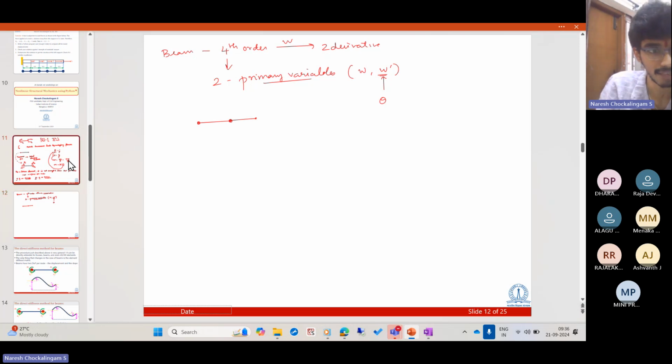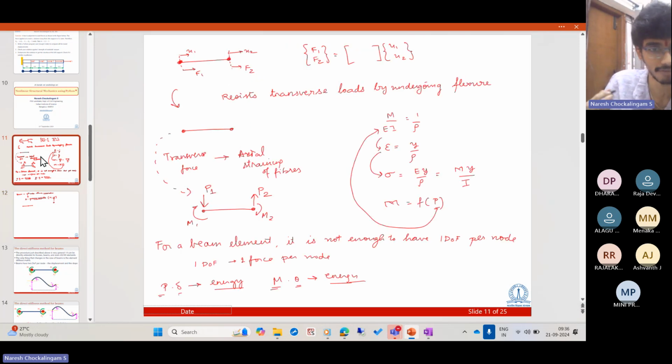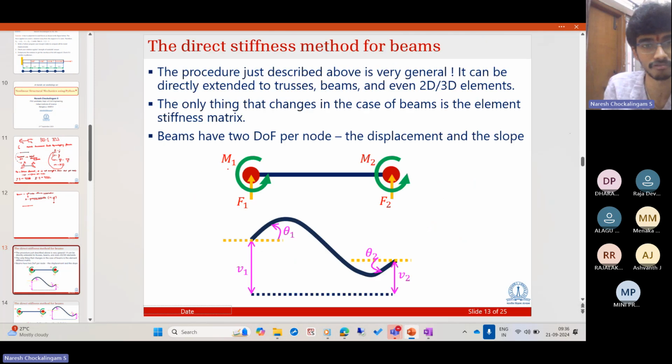But from a structural viewpoint, for the purpose of this workshop, you can also understand it this way, that you cannot keep a beam in equilibrium by the action of nodal forces alone. So you also need moments. And if you have moments, correspondingly you need its conjugate, which is rotation. So the beam element has got 2 degrees of freedom per node, which is the lateral displacement and the slope. These are the conjugate quantities.